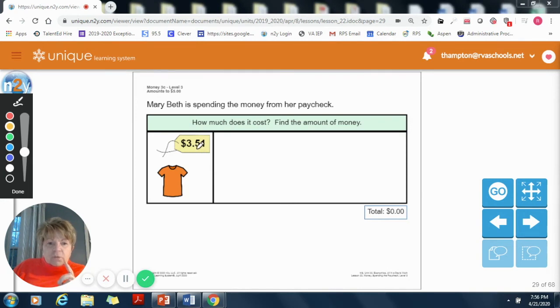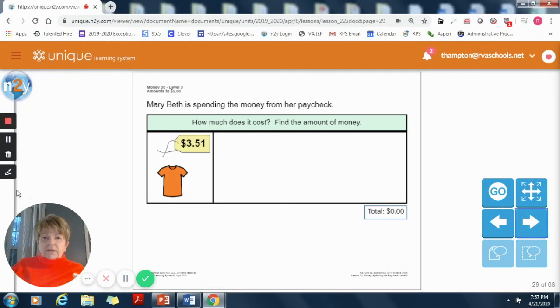And then we know that we're at 50. So in all of our others, when we've needed 50, what two coins did we put together to make the 50? Quarters. Very good job. So we're kind of already thinking, as Mary Beth is spending, what coins would be the best ones to have in our pocket to solve our problem.